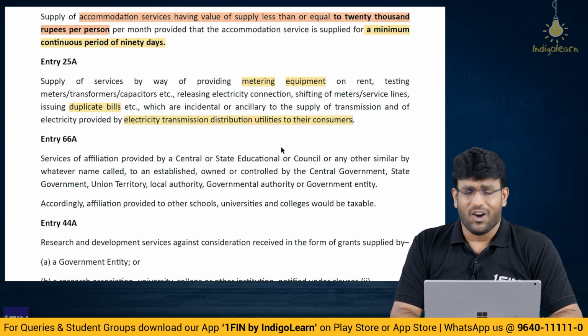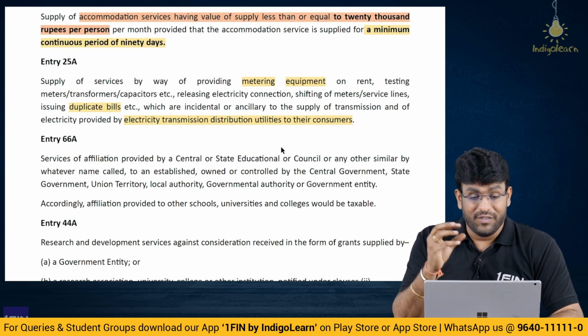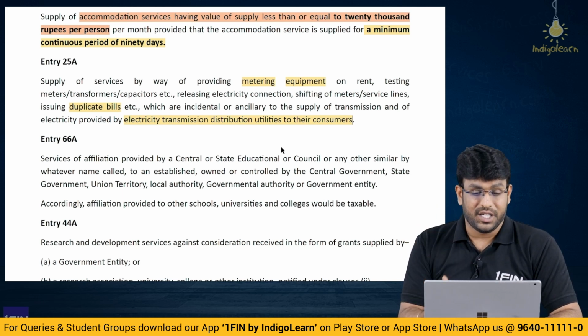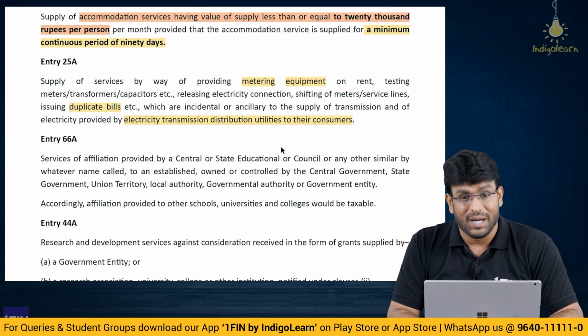This is exempt. So on electricity, there is no GST. Along with that, on this transaction also, there is no GST. Providing metering equipment, giving electricity connection, shifting of meters, giving duplicate bills, on all this also GST will not apply.